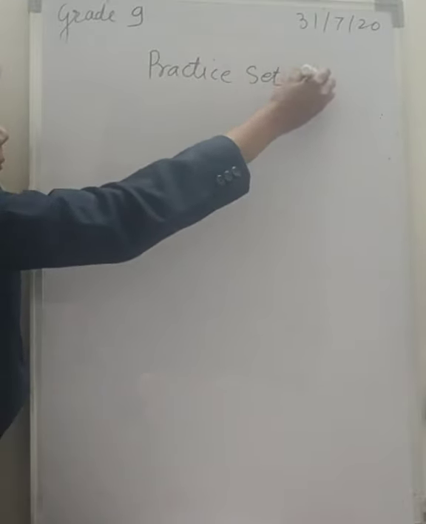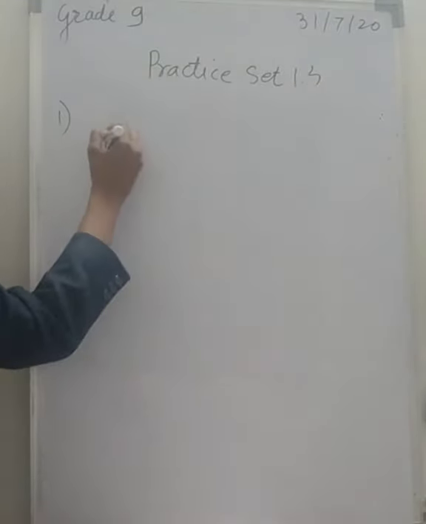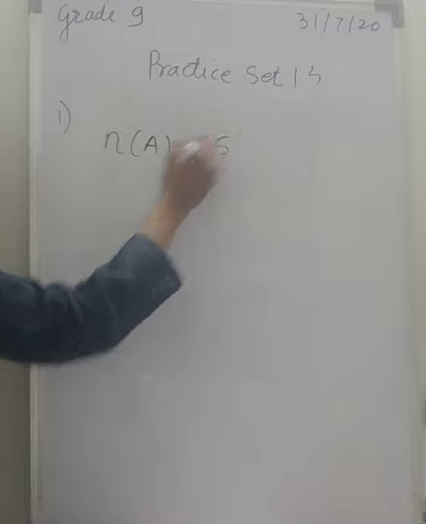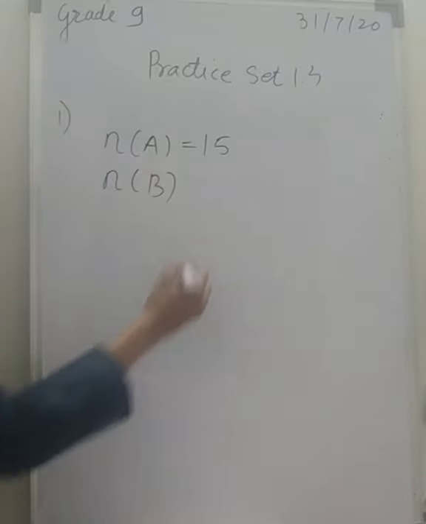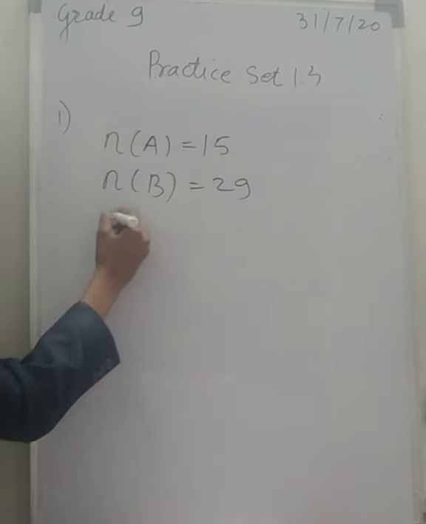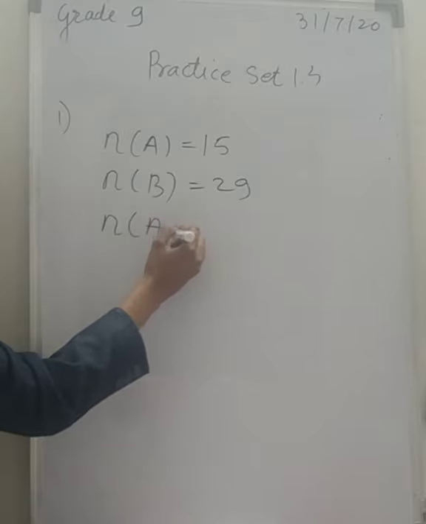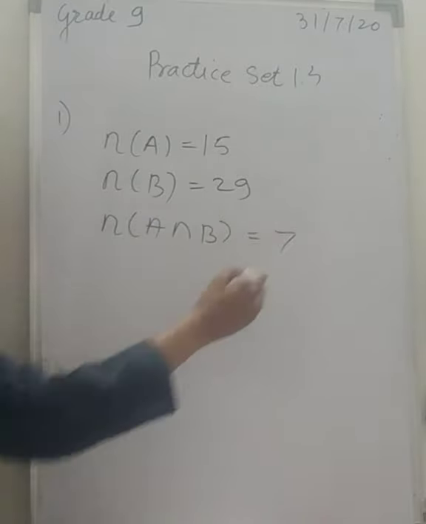One point four. So the first question: if n of A is equal to 15, n of B, that means the number of elements present in B, is equal to 29, and n of A intersection B is given as 7, then what is... A union B is given, sorry.